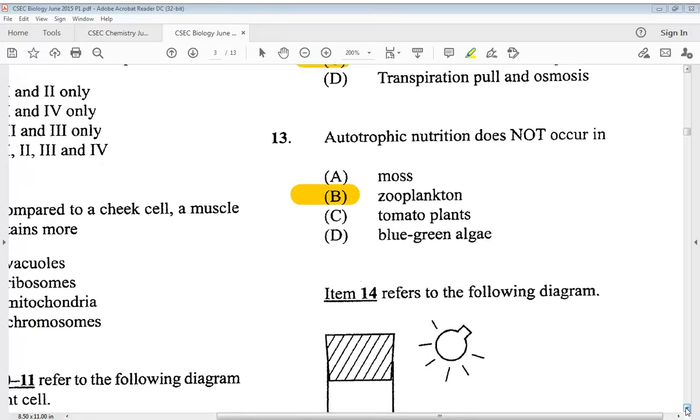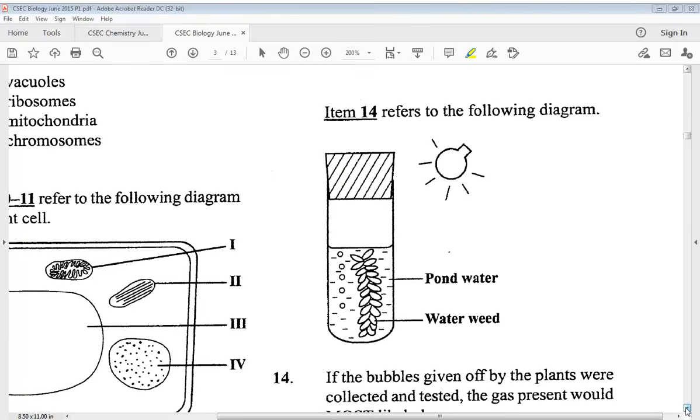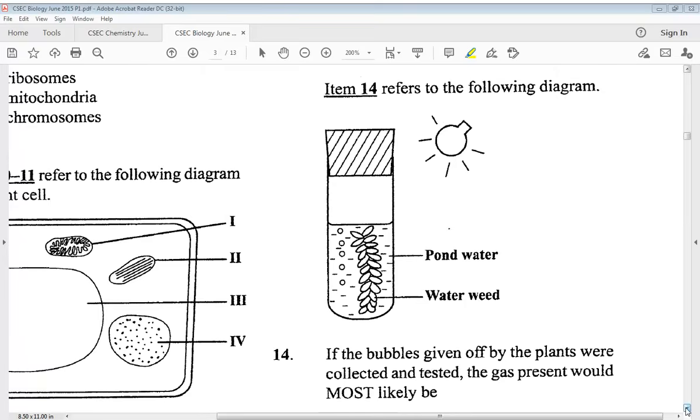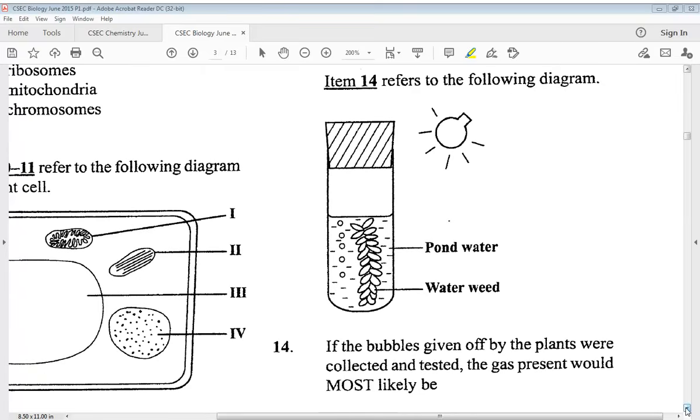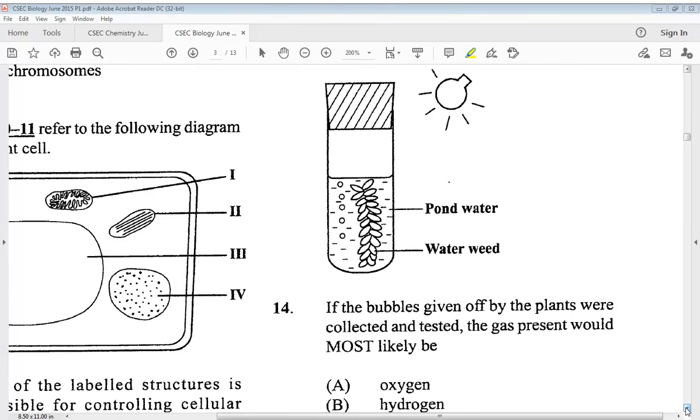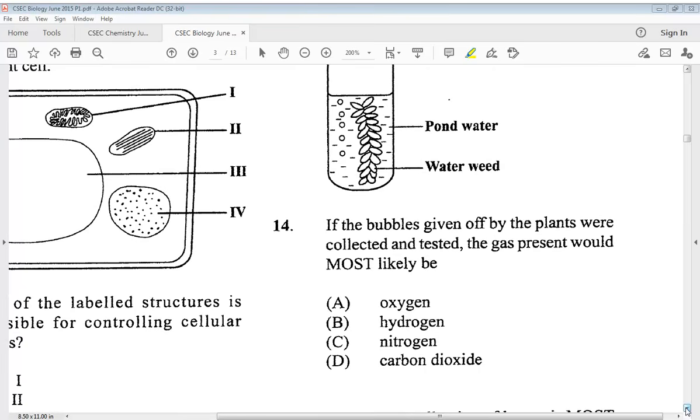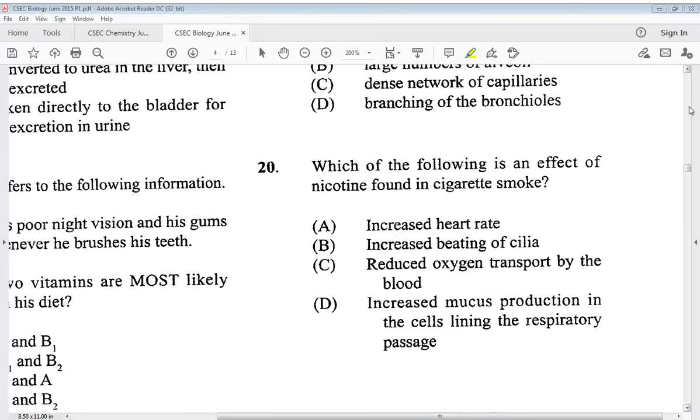Let's go to 14. Item 14 refers to the following diagram. It says, if the bubbles given off by the plants were collected and tested, the gas present would most likely be A, oxygen, B, hydrogen, C, nitrogen, D, carbon dioxide. The answer for 14 is A, oxygen. Let's go on to number 15.